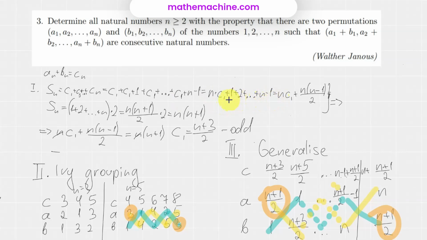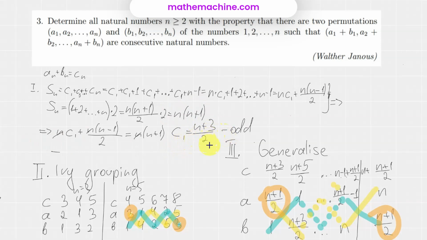Adding all together, we get n c1 plus n times n minus 1 over 2, and this equals n times n plus 1. Through obvious algebraic manipulations, we get c1 equals n plus 3 over 2.